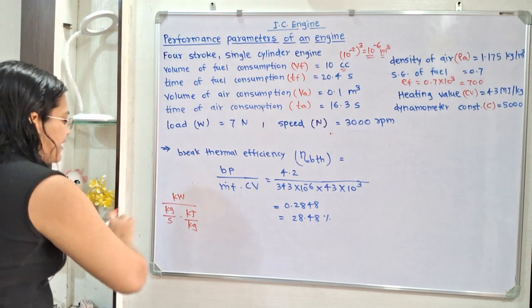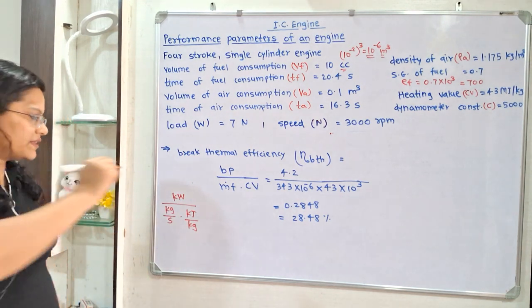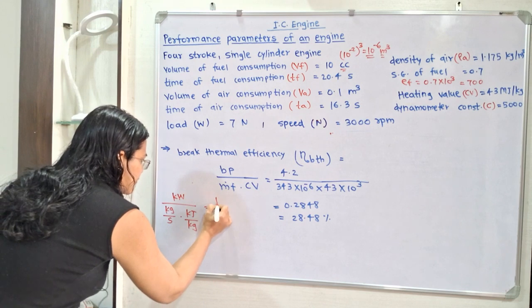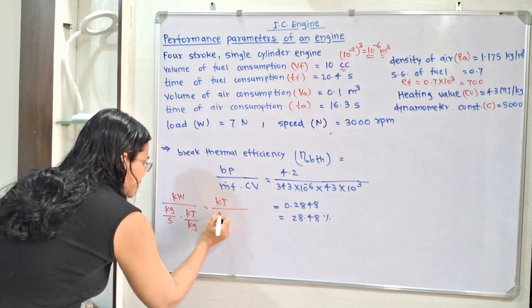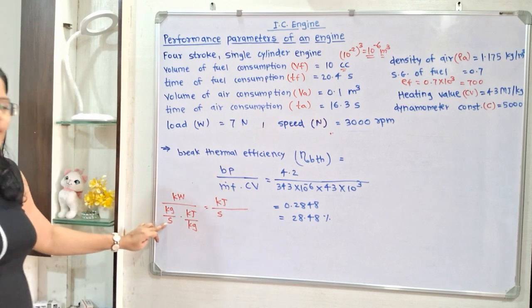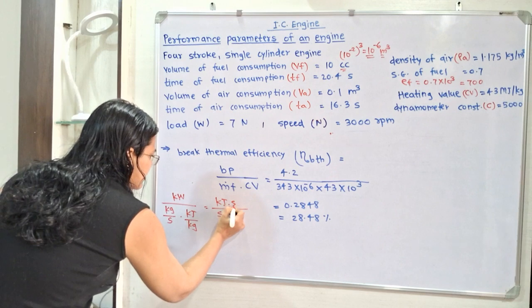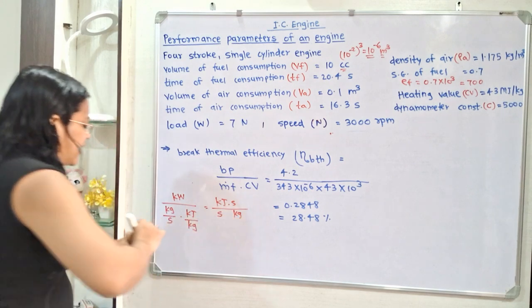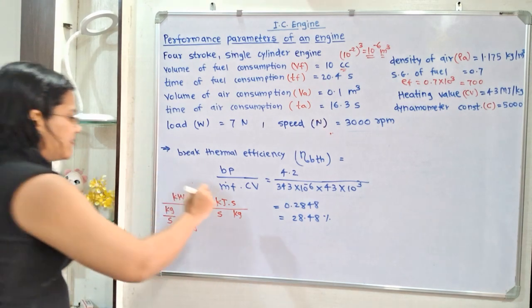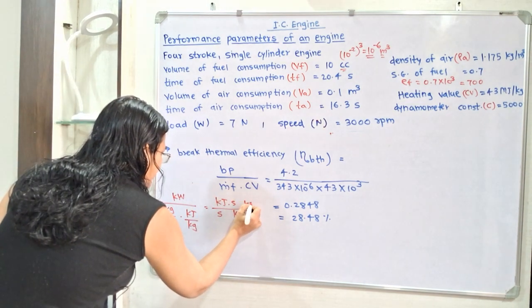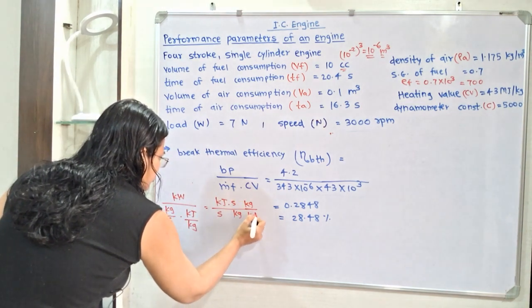Now we will simplify the units. This kilowatt is known as kilojoule per second. This kilogram per second is in the denominator, so I will transfer it as second per kilogram. And this kilojoule per kilogram, I will write as kilogram per kilojoule.